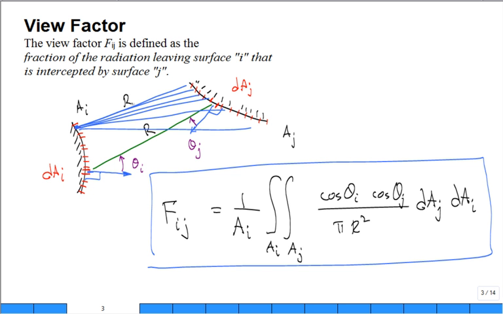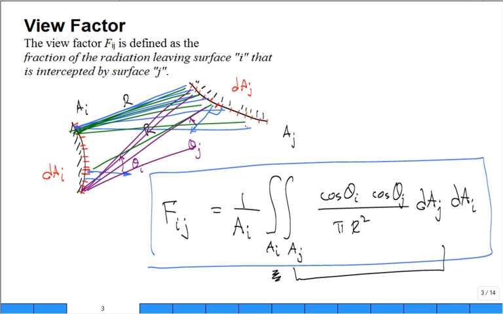That is going from one dA_i to all of the dA_j's, summing them up over j's. Then move to the next one and do the same thing, and finally you'll get down to the very last one, and do the same thing. That's how you would compute it numerically.